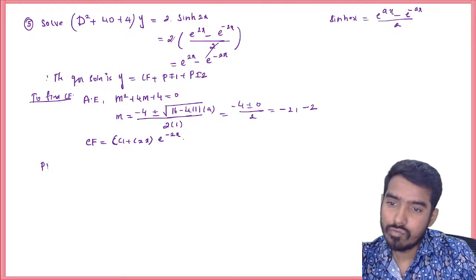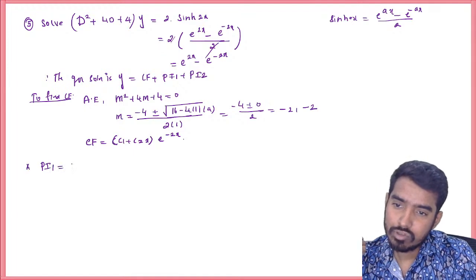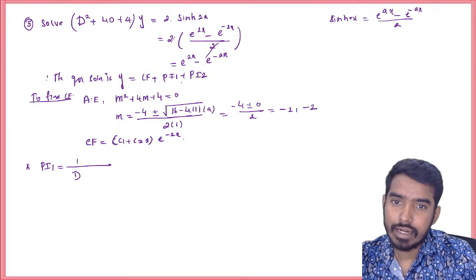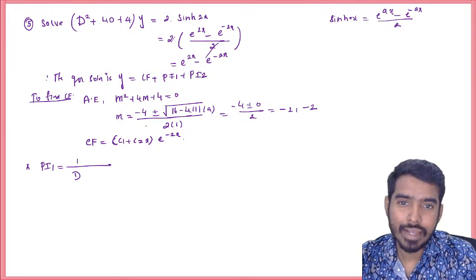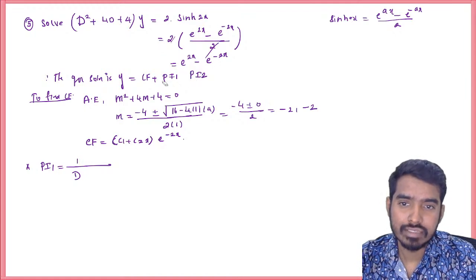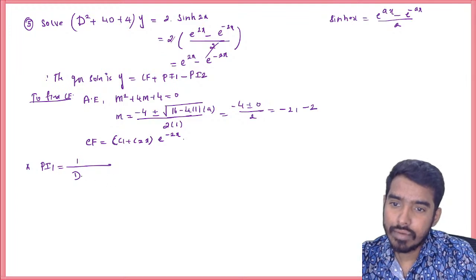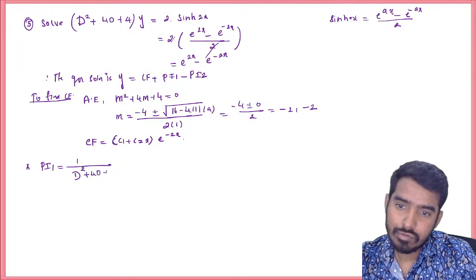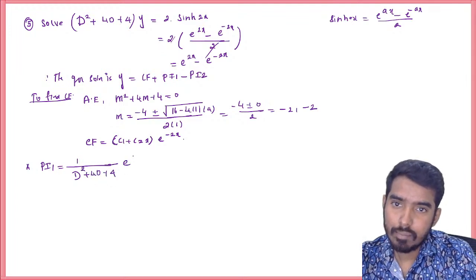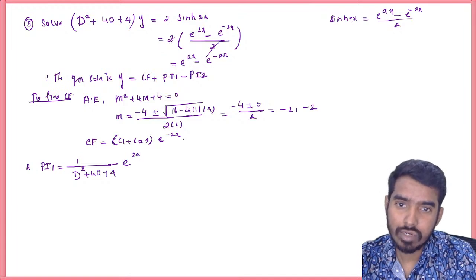Okay, now we will find PI1. Actually, let's write this as minus PI2, because you have a minus here, so that we take only PI2 to be e power minus 2x. So 1 divided by d square plus 4d plus 4, e power 2x is your PI1.